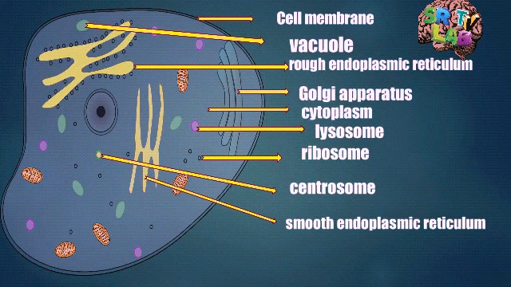After the smooth endoplasmic reticulum, we are going to see two other parts. One is the mitochondria and the other is the nucleus. Let me talk about them before I show them to you. The mitochondria play a very big role.